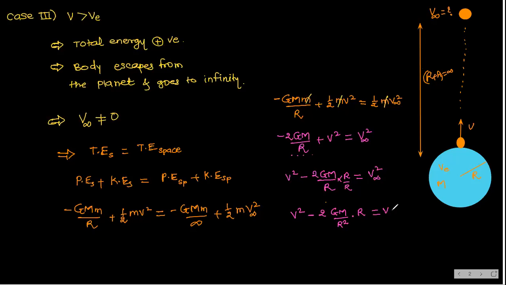Is equal to v infinity square. Now this is what? Small g, right? So v square minus 2gr is equal to v infinity square.